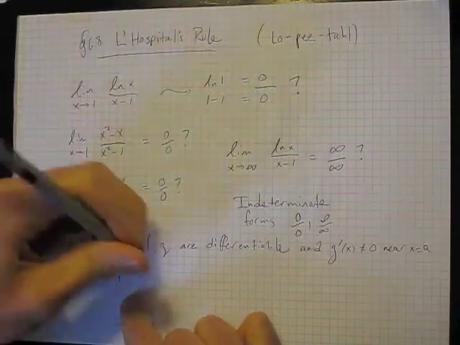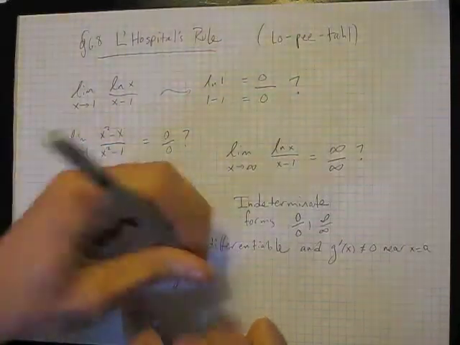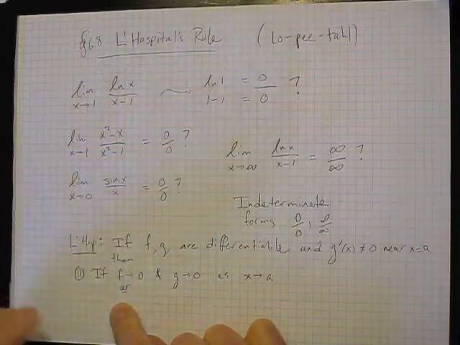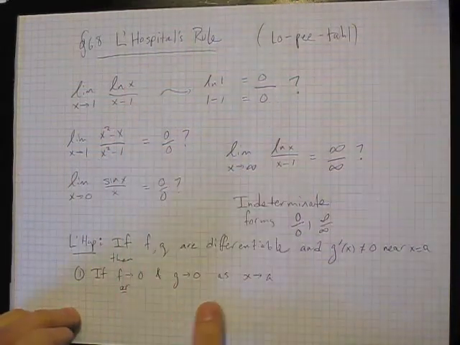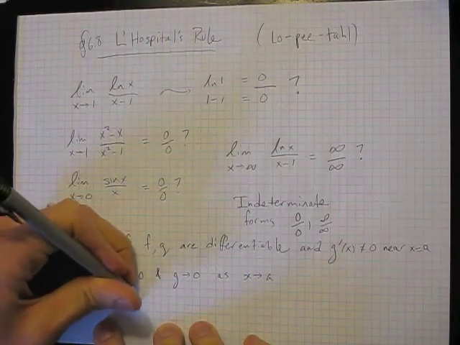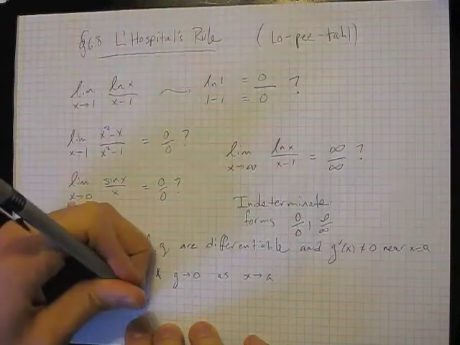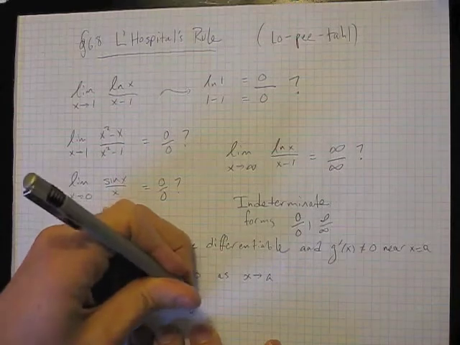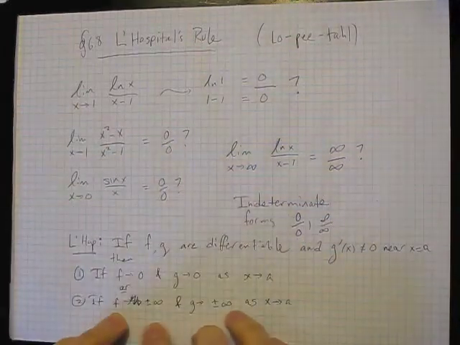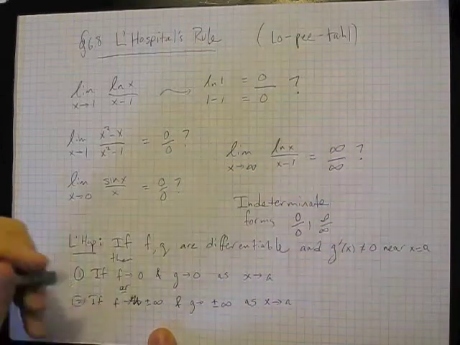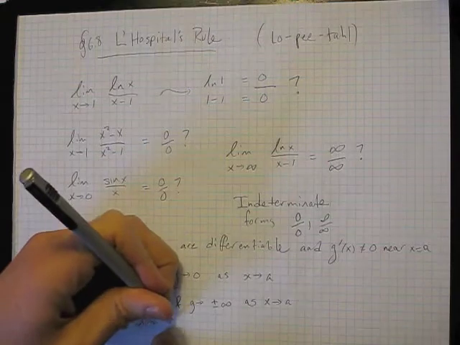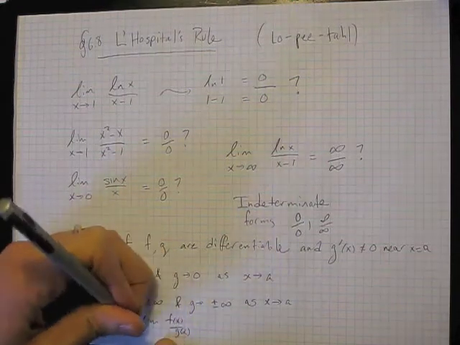If f goes to 0 and g goes to 0 as x goes to a, so this is one situation where the top and the bottom of this fraction both go to 0, or two, if f goes to plus or minus infinity and g goes to plus or minus infinity as x goes to a, and a is allowed to be infinity in this case, then L'Hôpital's rule says we can evaluate the limit of f of x over g of x as x goes to a.